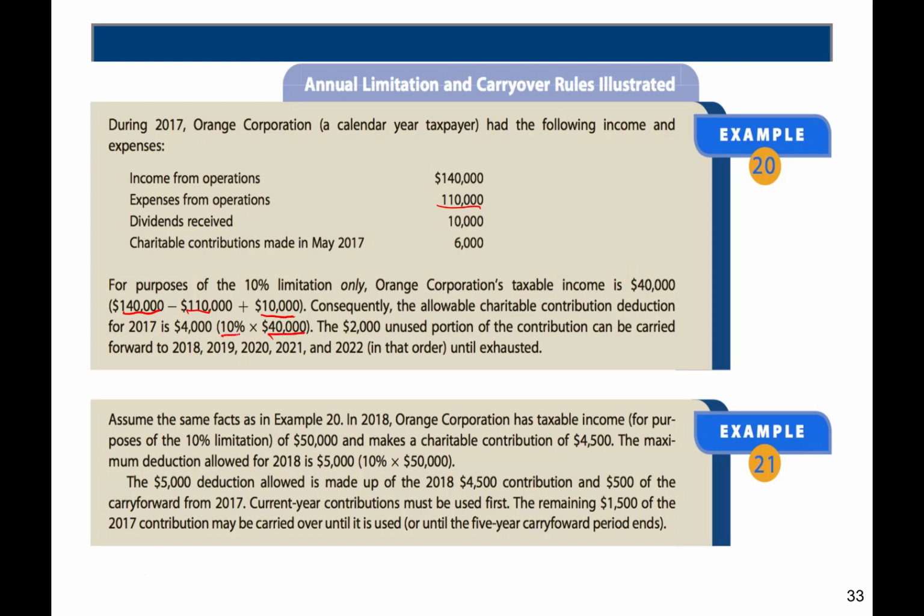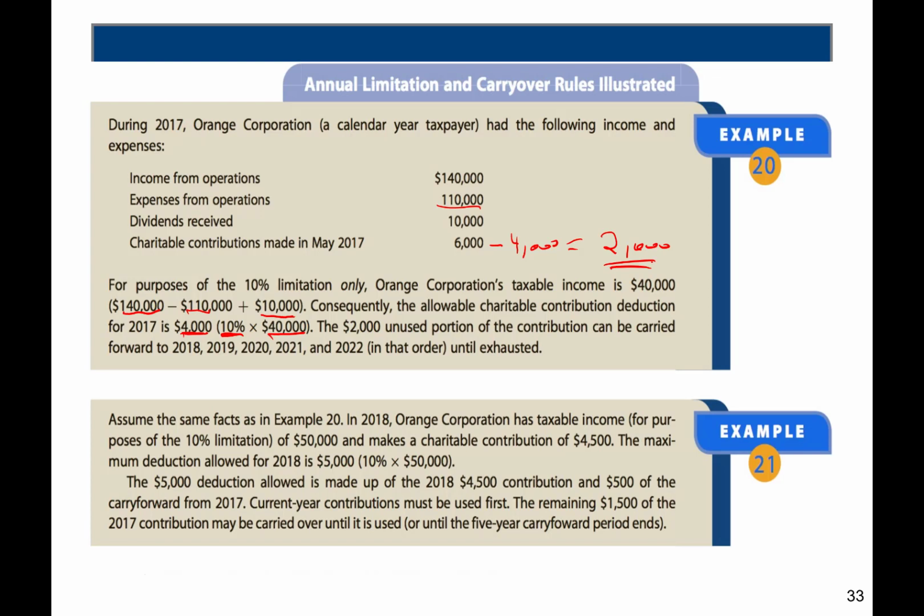Times 10% means that we have this $4,000 as the limit of what we can take, okay? So we can only deduct that, and we take that off of the 6,000, and that means we only have 2,000 left that we can carry forward. Okay, so we can take up to that 4,000.